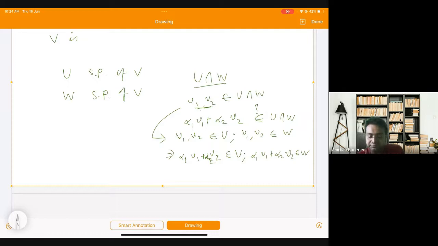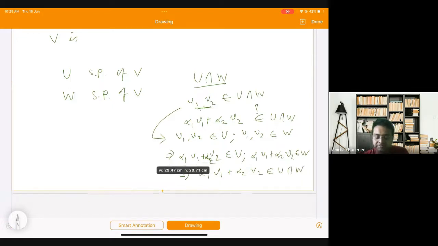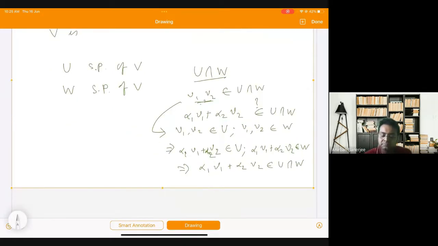And this implies that this linear combination belongs to this. And this way we can prove that.